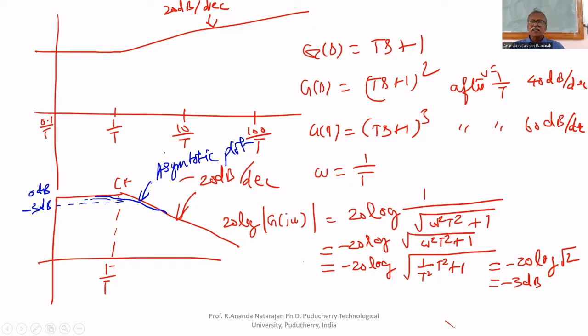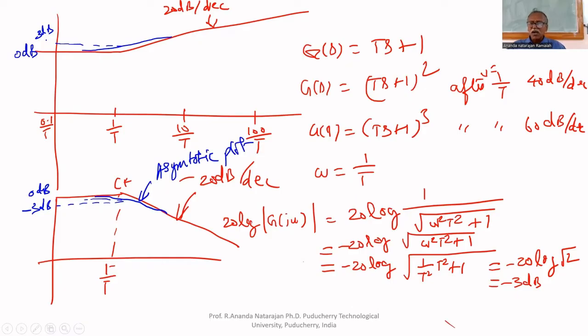For a first order factor, it has an error of minus 3 dB at corner frequency. Suppose it is a factor in the numerator, then 0 dB up to corner frequency, and the actual plot will be 3 dB at corner frequency. Therefore, the error at corner frequency is 3 dB.